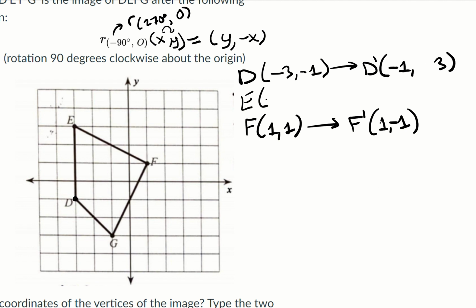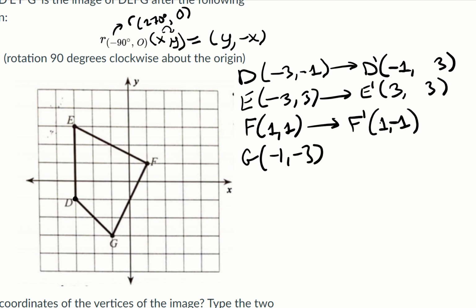Now E is negative 3, positive 3. So again, we do the switch, and then change the sign of that second number. So negative 3 turns into positive 3. And then now we have G, finally, negative 1, negative 3.